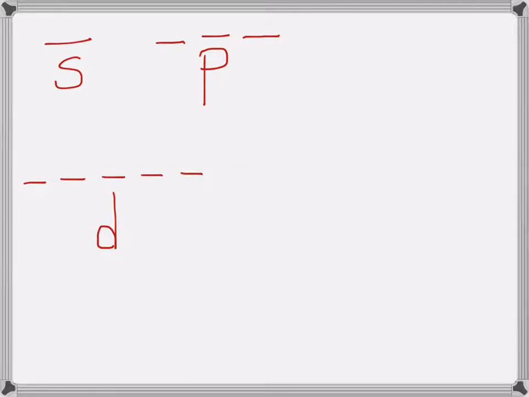And if I hit some of those F sublevels, then I'm going to have 7. So there are my 7 lines for F.